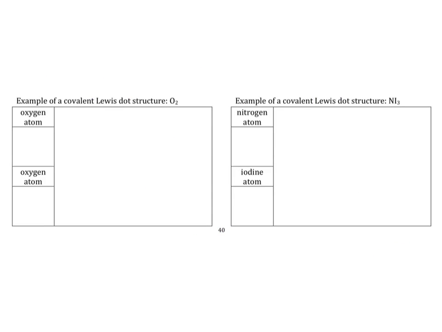All right. Now this one, if you take a look here, this is one where I'm going to divide it. Each oxygen has 6 valence electrons.